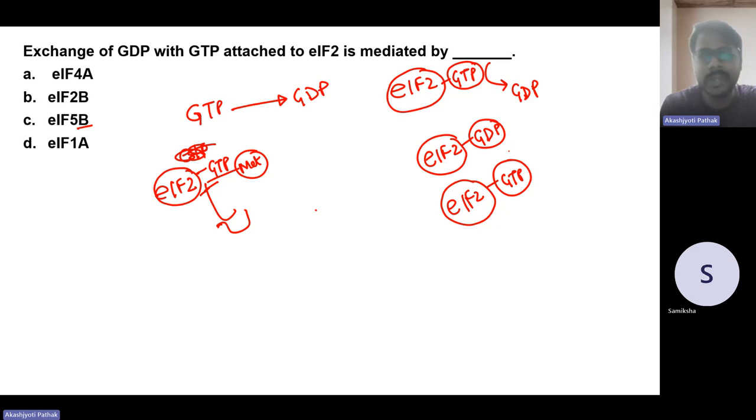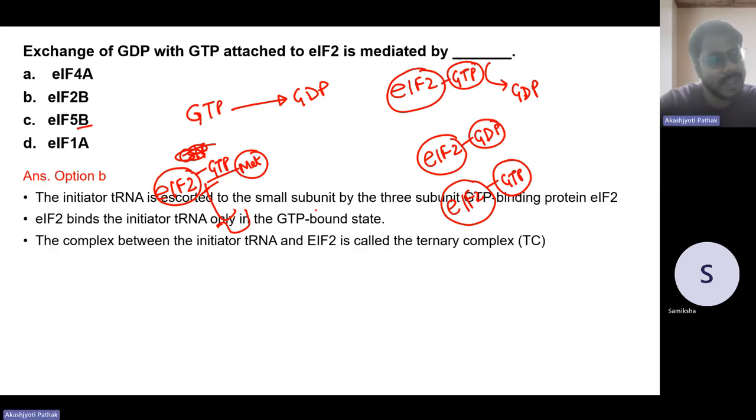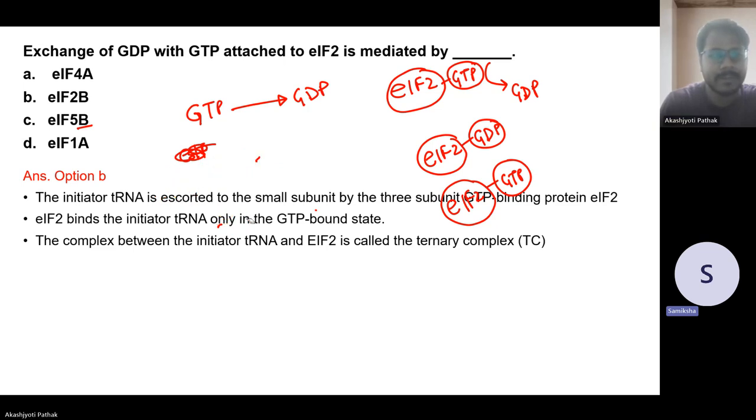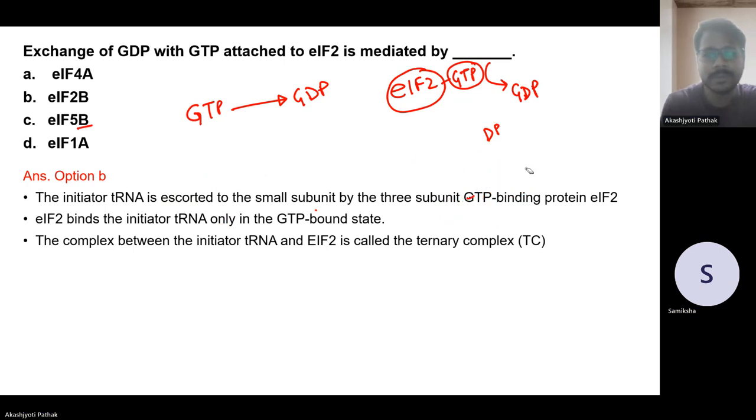So there is another protein which is involved in this exchange. EIF2B maybe it would be the protein. 2B or 4A? The answer is actually EIF2B only, because this is a GEF protein, EIF2B. So how can GDP be converted to GTP?